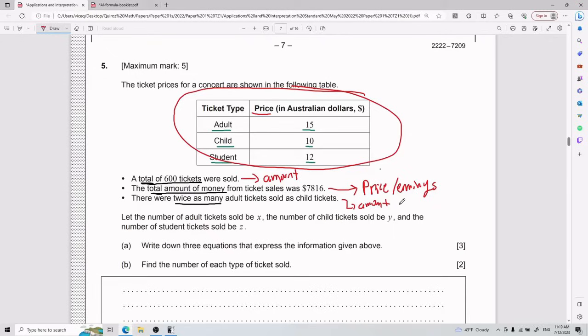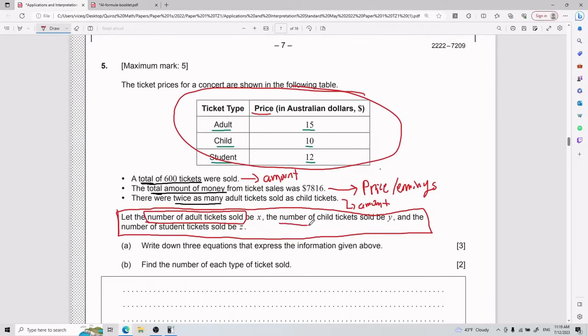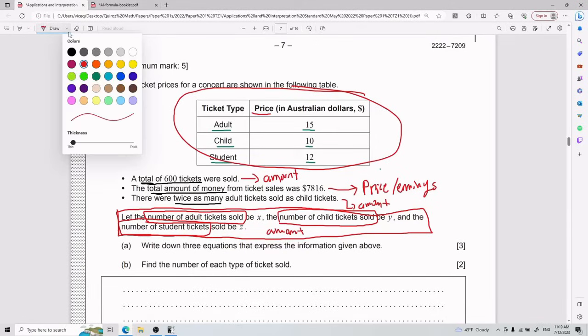And the last one has only to do with amount. My variables, what are my variables? Are they in price? Are they in amount? This is all number of tickets sold. So this is also all in amount. So X, Y, and Z is an amount. It is not a price. All right, now we're getting somewhere.